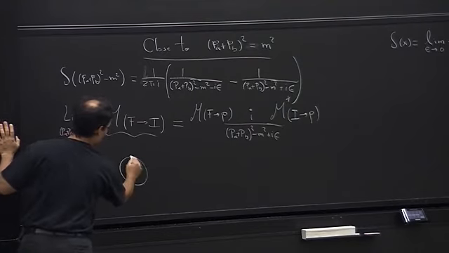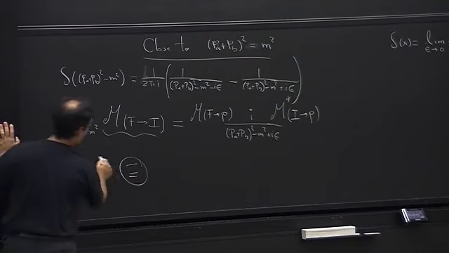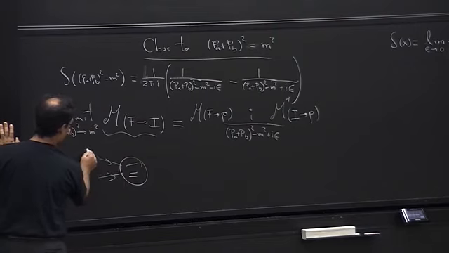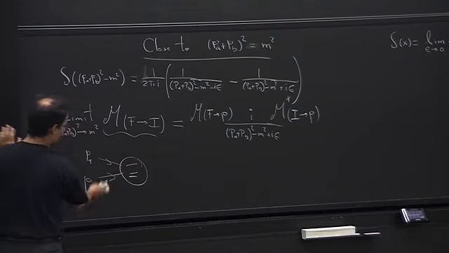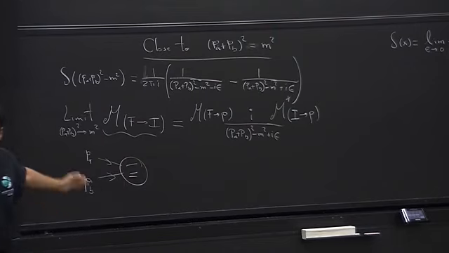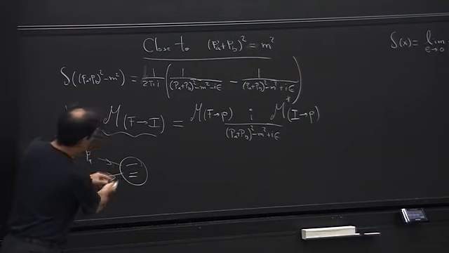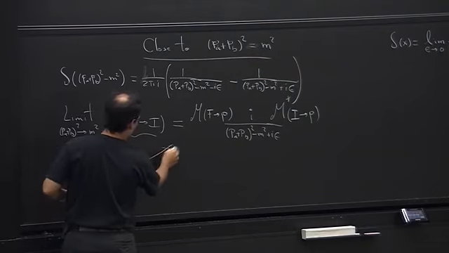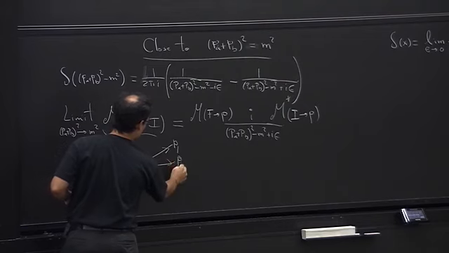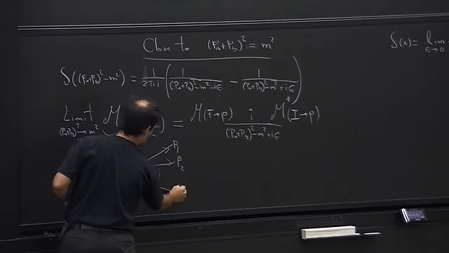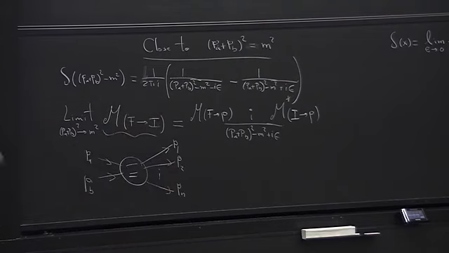Let me introduce a picture to represent this, where I have our PA and PB as incoming particles. So this represents the scattering. They are coming, doing their things, and then coming out as outgoing particles.